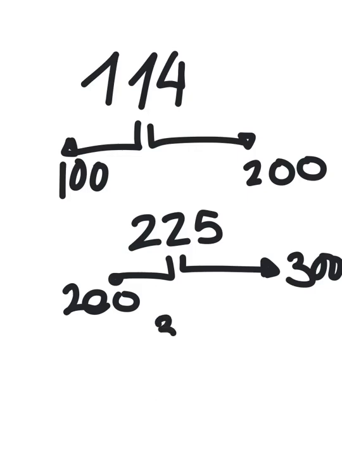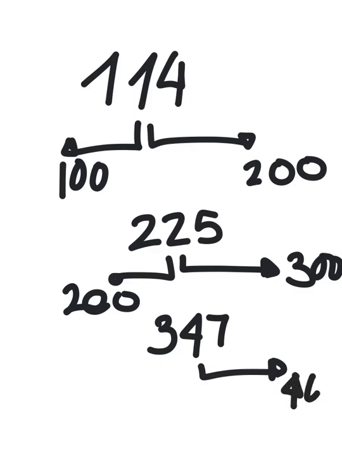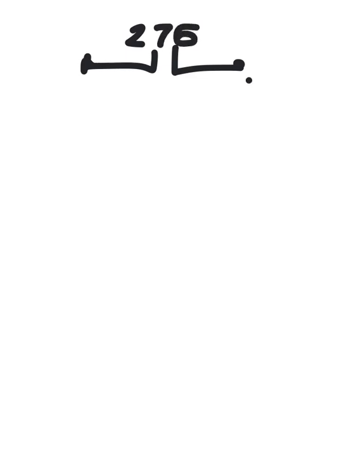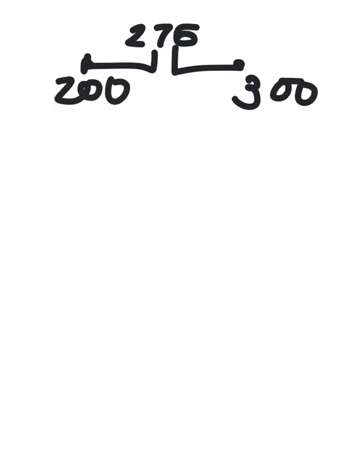Okay, 347. The higher 100 will be 400. The smaller 100 will be 300. Do you understand? So once we found the hundreds, for example with 276, now it's time for us to pay attention to a specific number, which is the tens.